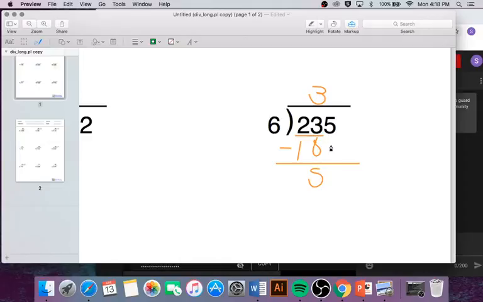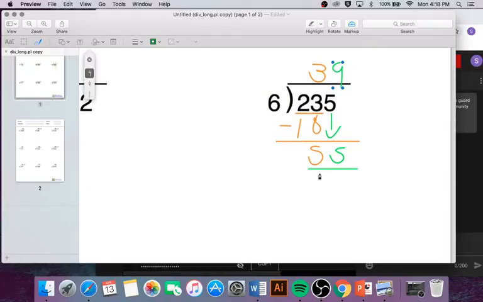We're going to bring down our next number, which is 5. So we need to see how many times 6 now goes into 55. The closest we can get is 9. Nine times 6 is 54.